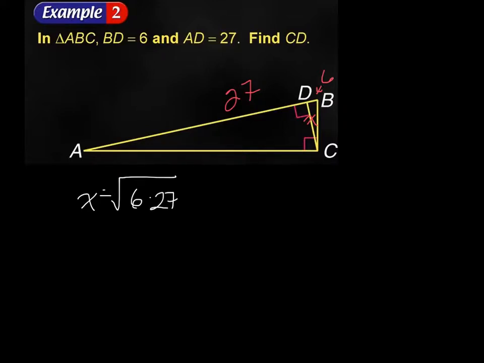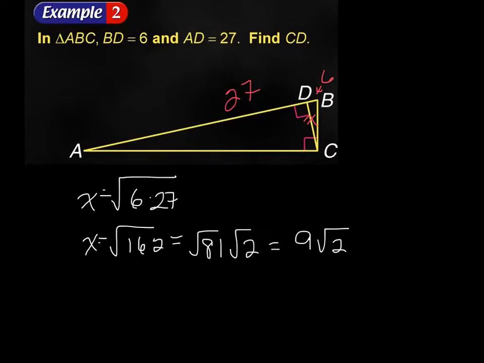So the square root of 6 times 27 is the square root of 162, which could be rewritten as square root of 81 times square root of 2, and the square root of 81 we know is 9. Or if we use the approximation button on our calculator, we get 12.7 to the nearest tenth.